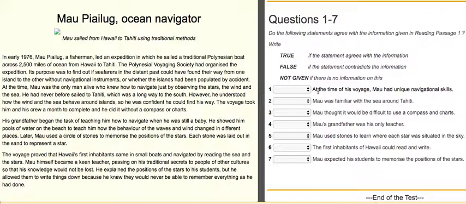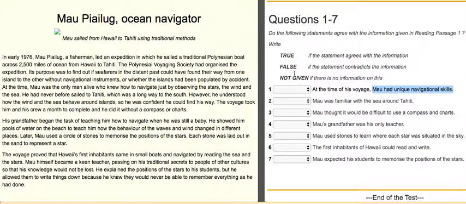Here we have: at the time of his voyage, Mao has unique navigational skill. Now remember that you are looking for a paraphrase, something in the reading that has the same meaning but does not use the same words.